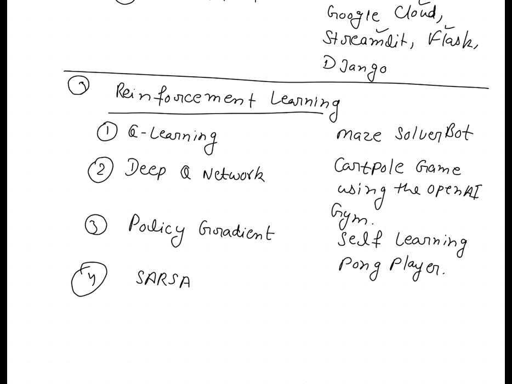You can work on the tic-tac-toe game project. So these are your reinforcement learning projects and models, but this is for the advanced level. You don't need to focus on it at the initial level, but this is just for your knowledge.